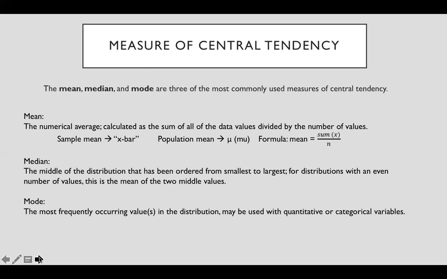So in order to find your median, make sure you order your values from smallest to largest. For distributions with an even number of values, you take the two middle values and find the mean of those, so you add them together and divide by 2. Lastly, the mode is the most frequently occurring value in the distribution. You could have more than one, and it can be used with quantitative and categorical variables as well.